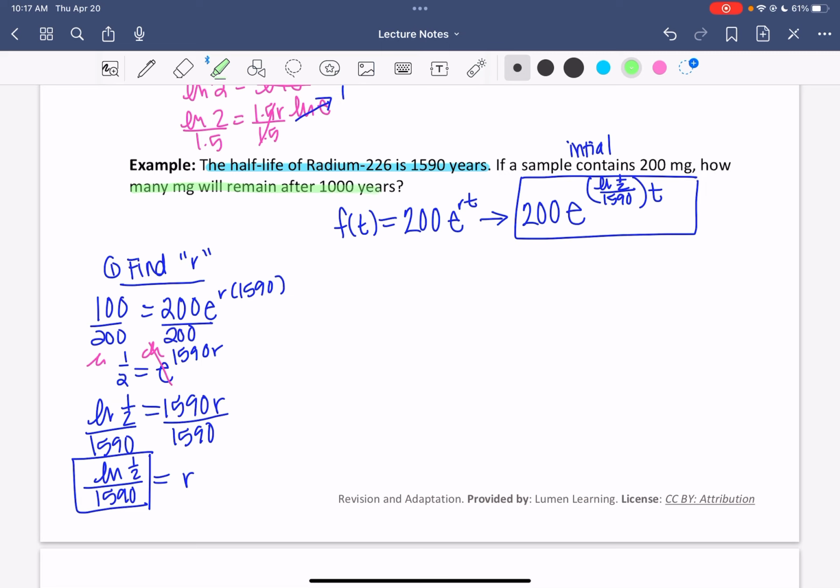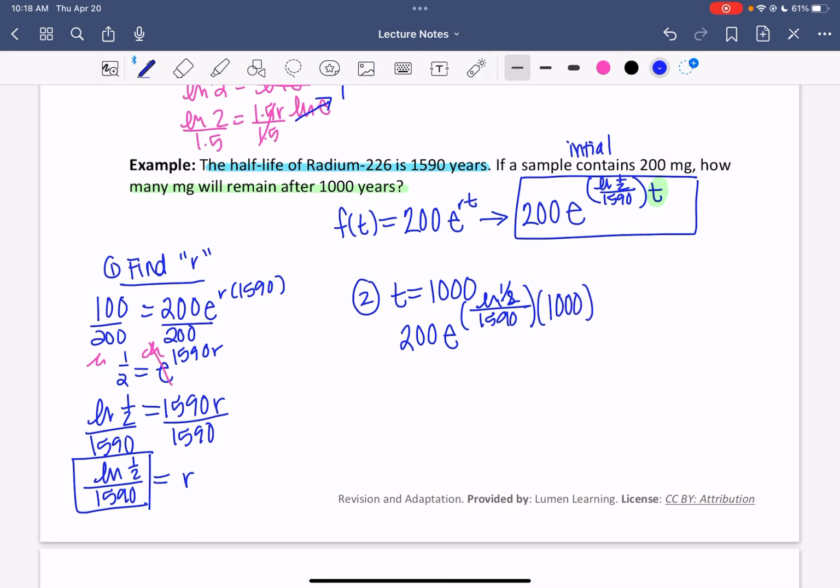It says how many milligrams will remain after 1,000 years. So that means I now have something I can plug in for t. So step 2, I'm going to plug in t equal to 1,000. So it gives me 200e to the ln of 1/2 over 1590 times 1,000.